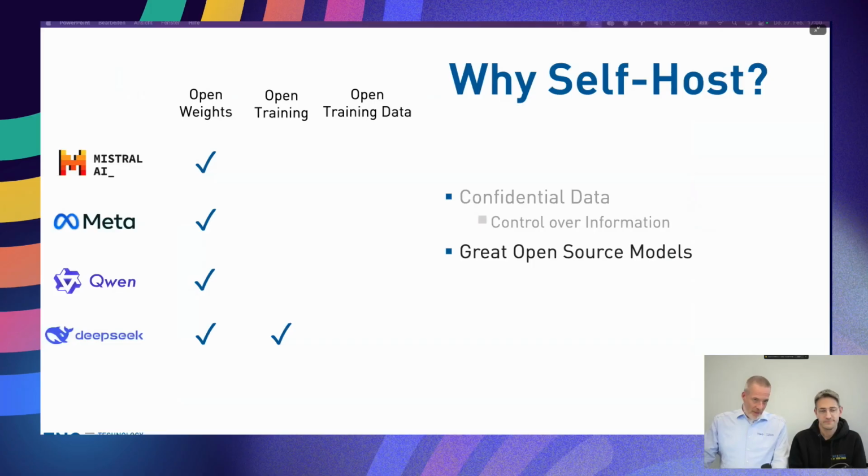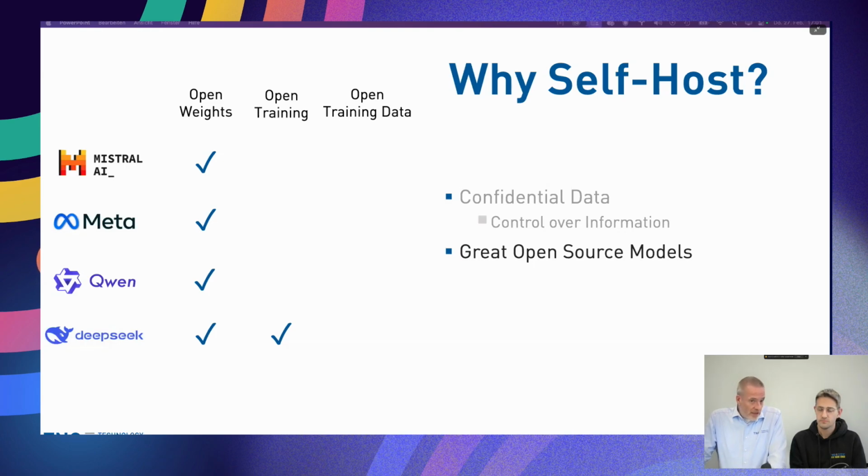So typically, all the open source models share something in common, namely the open weights. That's actually what you need to run the large language model on your own hardware. So Mistral, Meta with Llama, Qwen, and DeepSeek from China, they all have this. DeepSeek R1 in a way was really a game changer, because they also provide the software and tooling to be able to fine-tune and retrain the network.